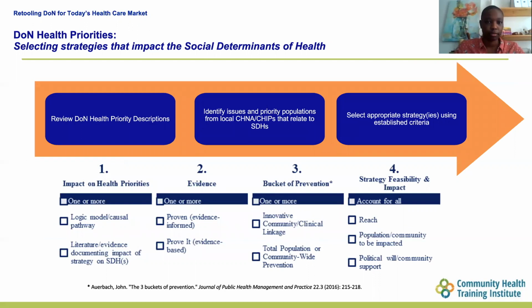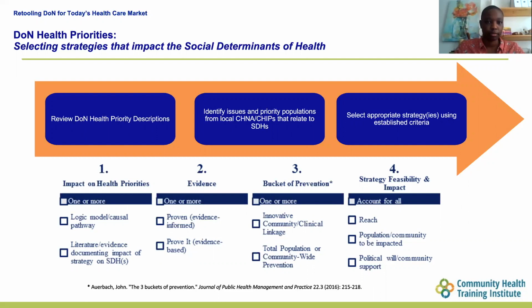In choosing strategies, DON applicants will use this basic process: review the DON health priority descriptions, identify issues in priority populations from local community health needs assessments and CHIPs that relate to the 6 social determinants of health, and select appropriate strategies using the 4 strategy selection criteria.